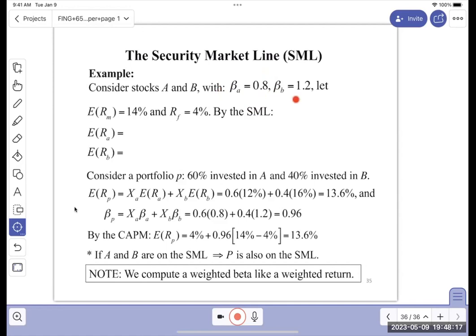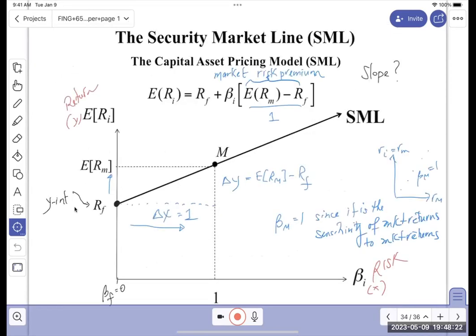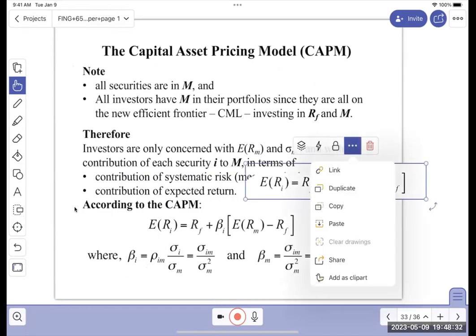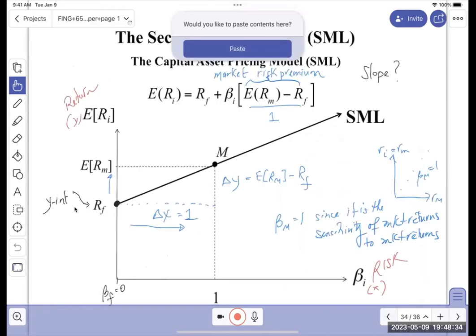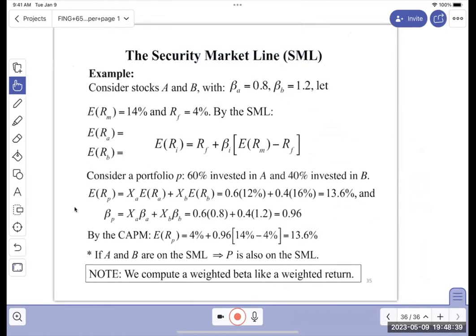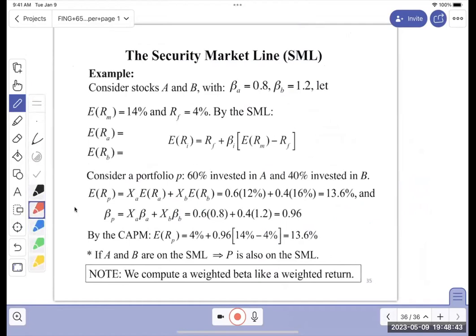So this is for A, this is for B. So why don't you use the capital asset pricing model to estimate the expected return of each? I'll let you do that.